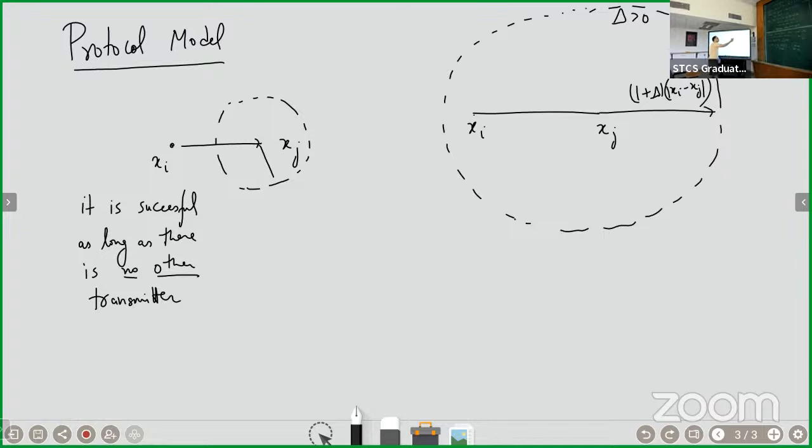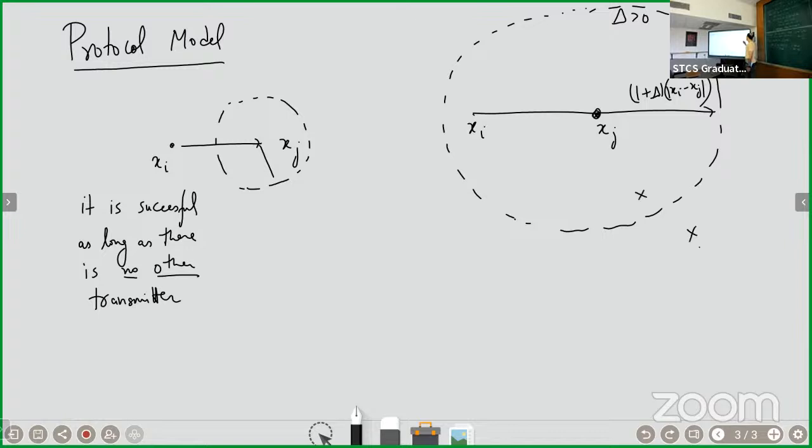Okay, so this is my receiver. The receiver can actually get successful communication from xi if in this circle there is no other transmitter. It's simply a guard zone. Essentially a guard zone. If there is another transmitter which is here, that's okay.